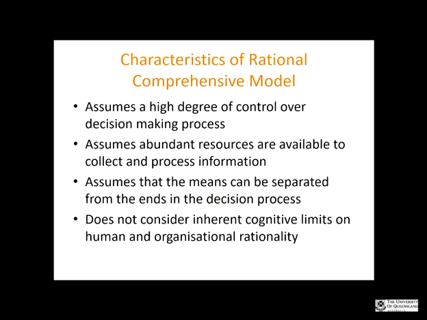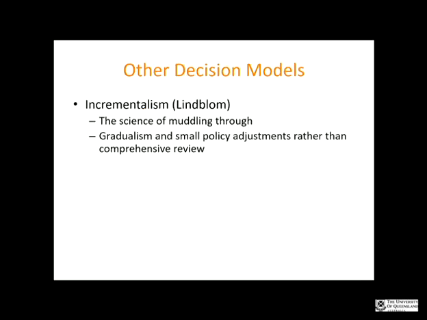And it also is saying that we don't consider inherent cognitive limits on human and organisational rationality, whereas we know that people tend to be bounded in their decision-making. But we're going to assume that we're trying to have a rational approach to things and manage the politics of the situation at the same time. And that's what some of these other decision models come out of.